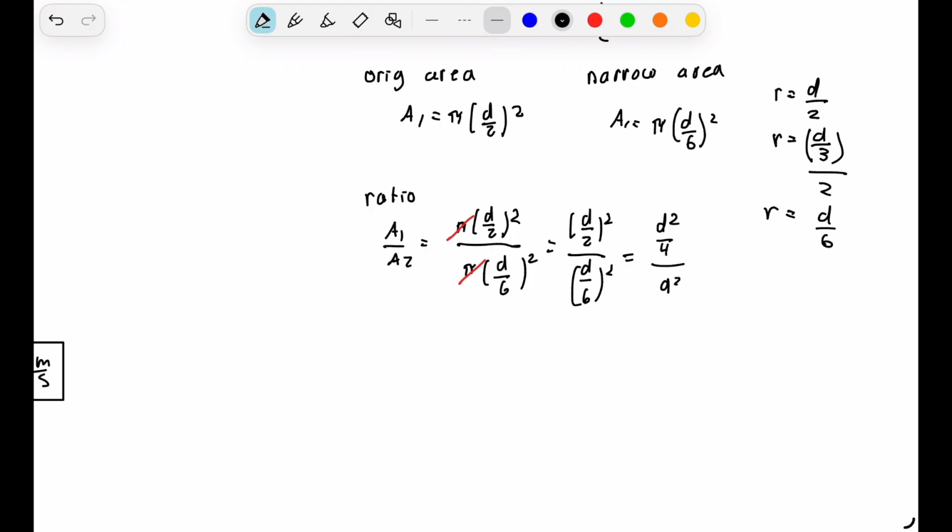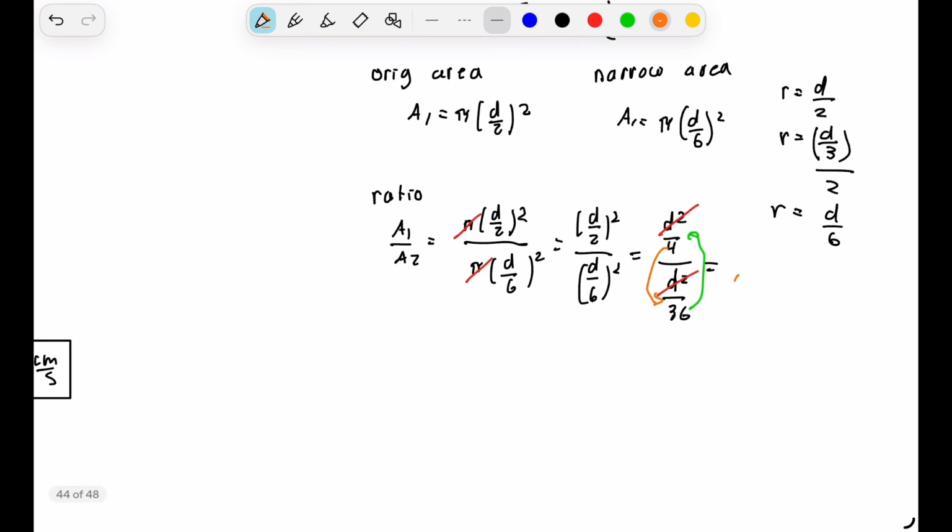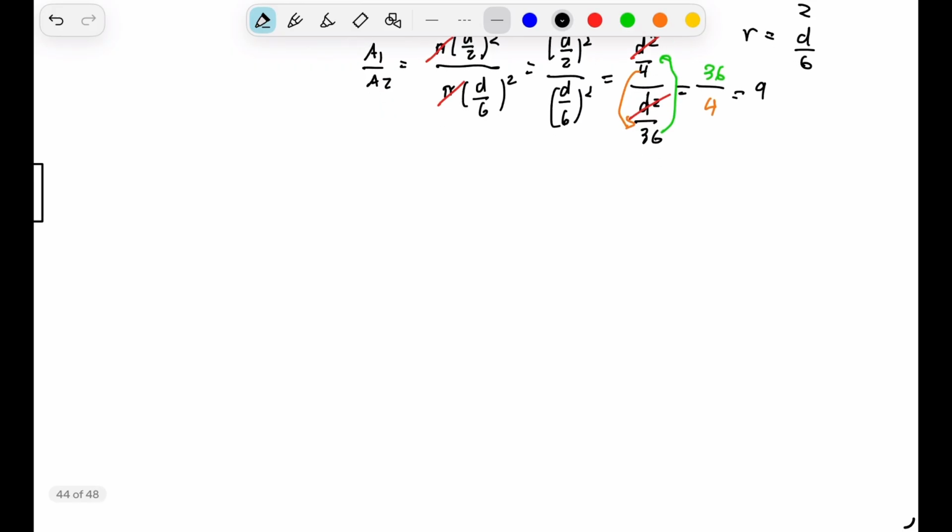And then we have d squared over 36. So we see that we have d squared both present. We can cancel that. And then we can move 36 to the top, and then you're going to move 4 to the bottom. So 4 is going to be here, and then you have 36. And 36 over 4 is equal to 9. So that means your ratio is scaled by a factor of 9. So A1 is equal to 9 times A2.